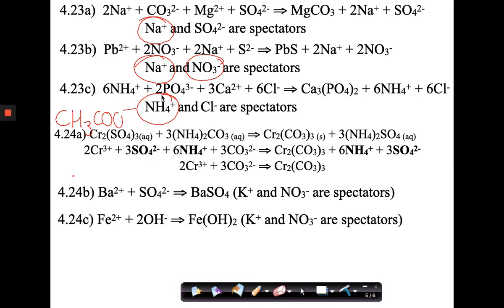But then, guys, the other thing that I would do is this. I would also make myself a little list of stuff that doesn't dissolve in water. And for me, that list includes silver, lead, and mercury. And then it also includes the group 2 metals above calcium, magnesium and beryllium.